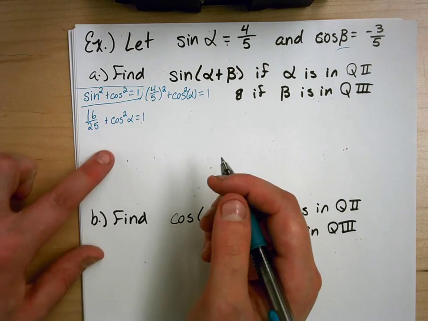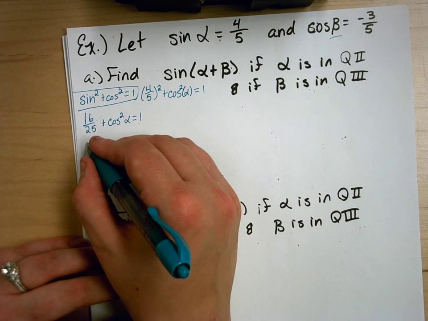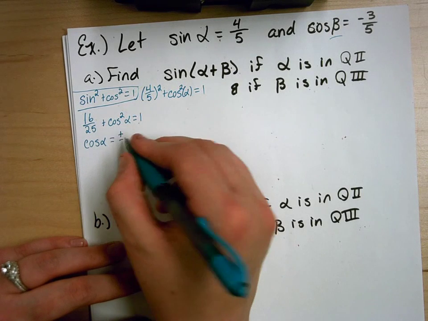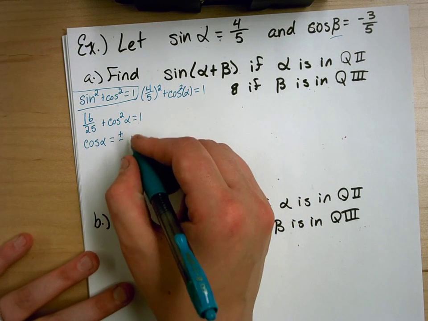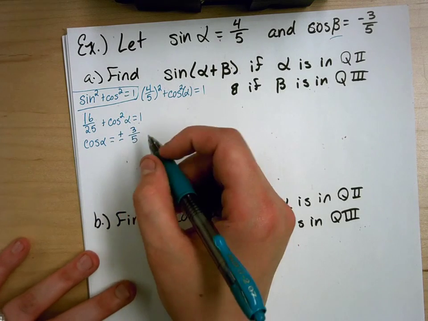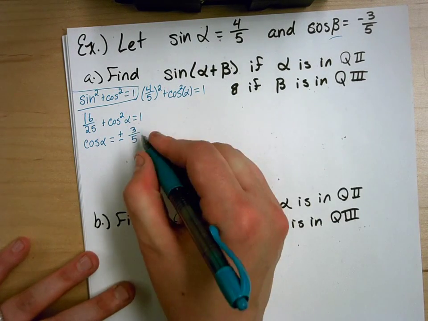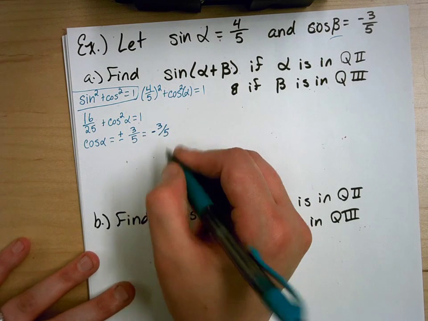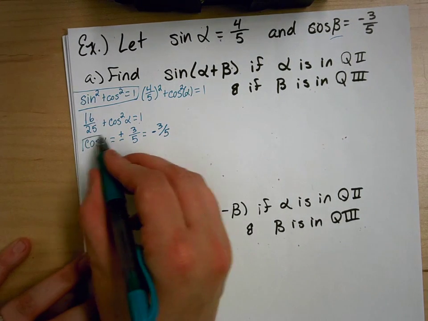Right, now remember, when I solve for cosine, I'm going to get that cosine of alpha is going to equal either plus or minus 3/5. Well, since I know that alpha is in quadrant 2, then I'm going to get that that equals -3/5. Okay? So let's put a square around that.